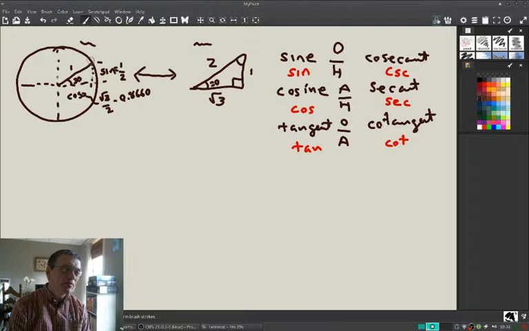Tangent, actually, the word tangent means touch. So actually, this angle here, this line here, the tangent line, the line that just touches this circle in one point. Something we'll talk about a lot in calculus. That tangent line, it's a little obvious why that's called tangent, and it relates to the ratio of these two things.